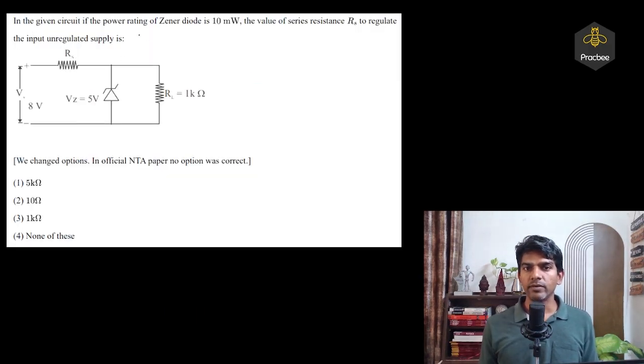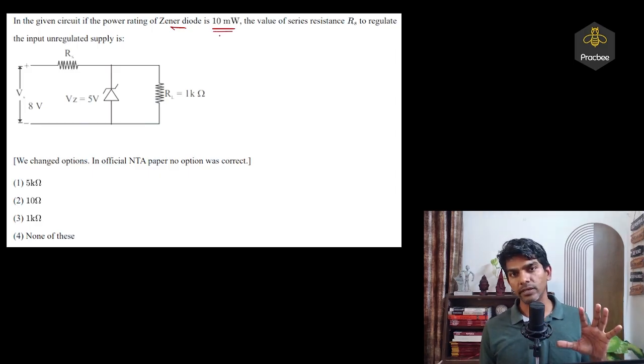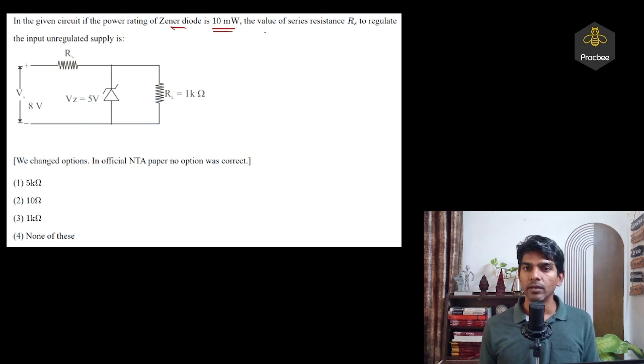In the given circuit, the power rating of the Zener diode is 10 milliwatt. Now they have given the power rating, and I told you that by using power rating we can find the maximum Zener current. The value of series resistance Rs to regulate the input unregulated supply is, so we have been given 8 volt as the input voltage.